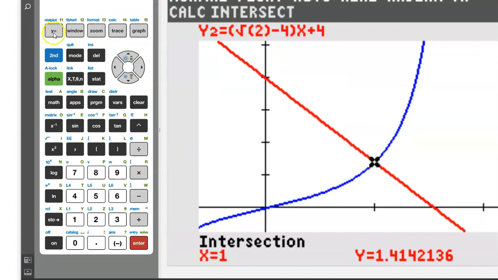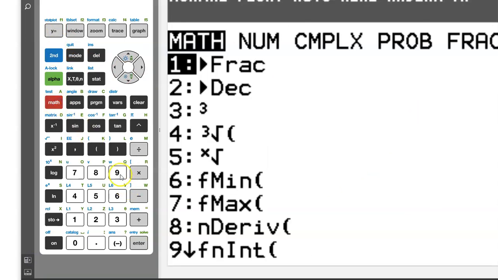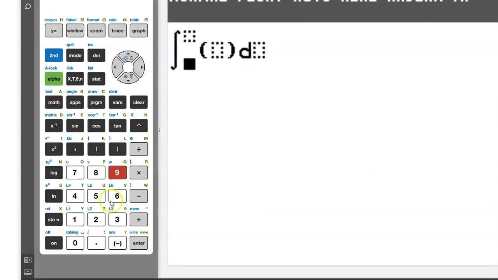So let's do that now. Let's quit our way out, and to integrate we will hit Math and choose option 9. We are integrating from 0 to 1, and we need y2 minus y1.